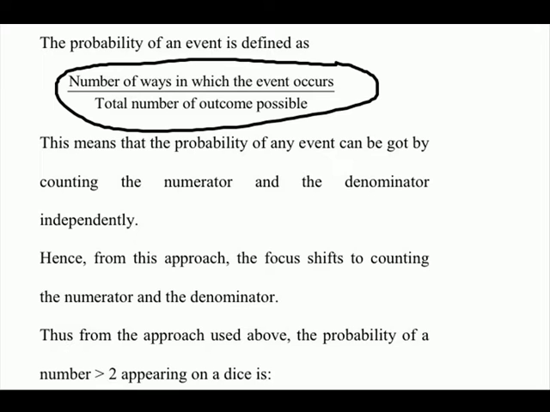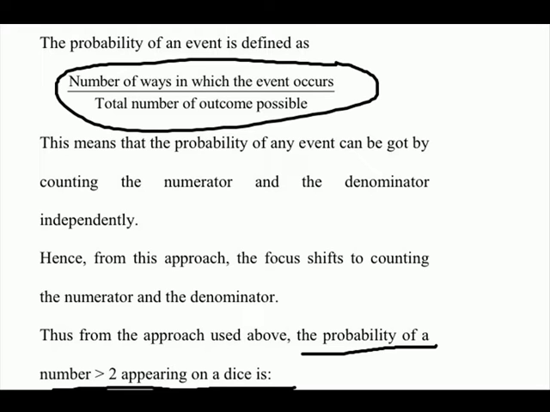Let us try to find the probability of a number greater than 2 this time appearing on a dice. Now the total number of ways in which the event occurs: how many ways can a number greater than 2 appear? So let's count the numbers that are greater than 2.